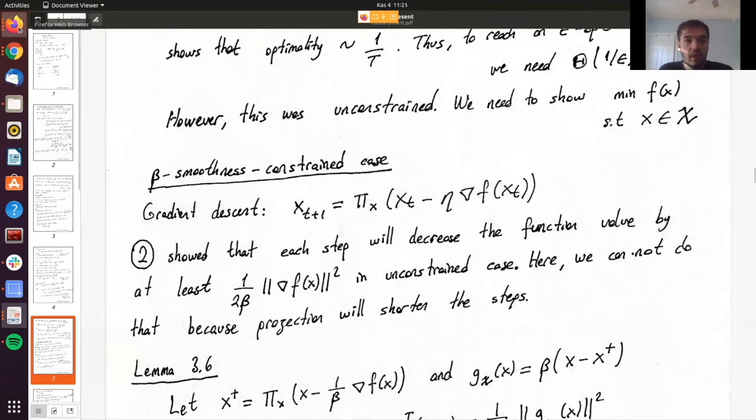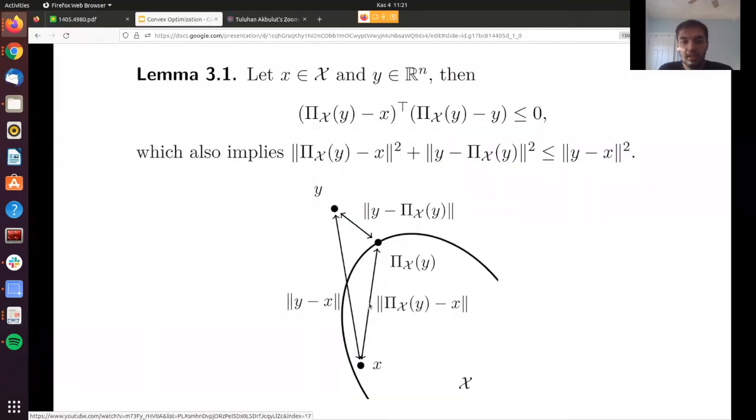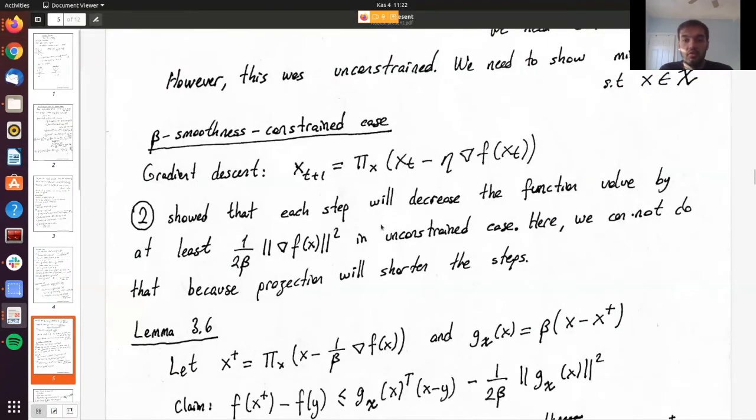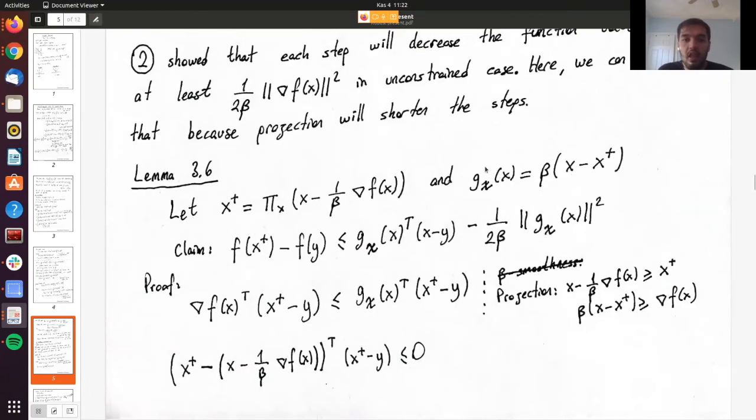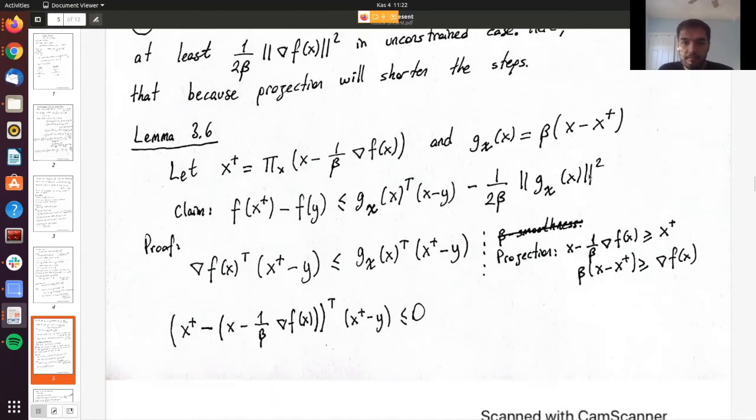So if we go back to projection, this line is shorter than this line. That means we will do worse in the constrained case, because the gradient steps will be shortened. So here is another lemma, and we define a new gradient.